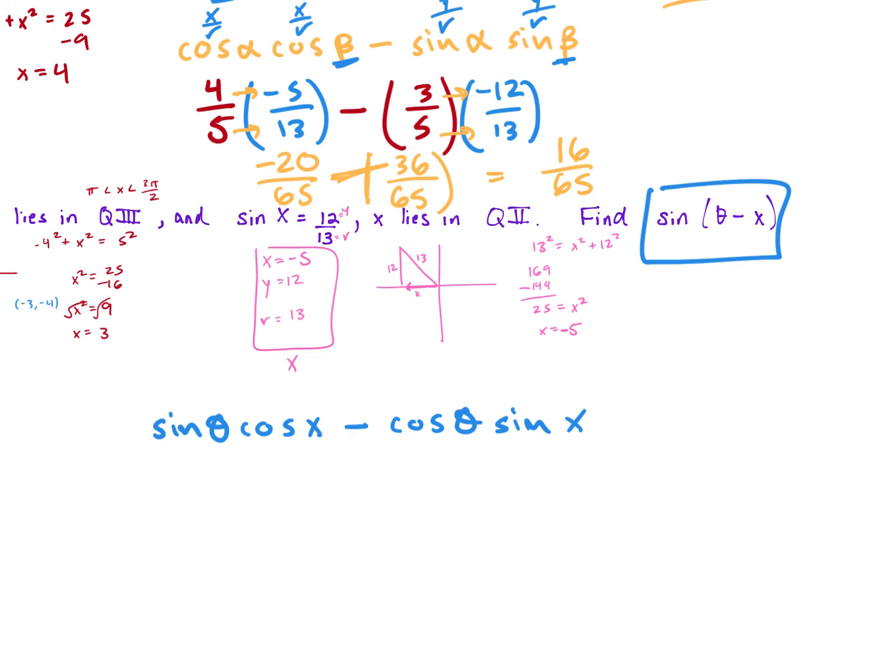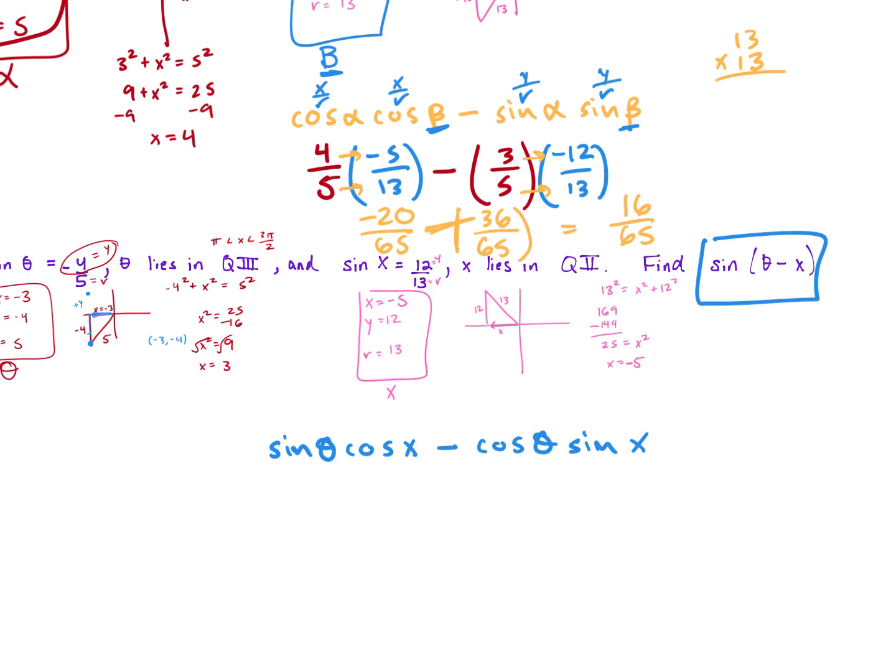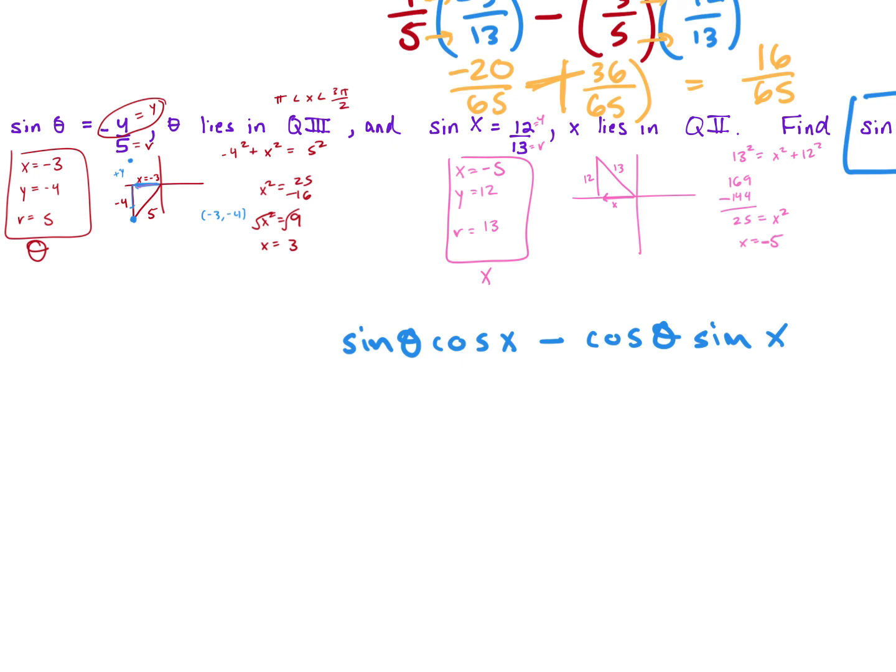Right? Hopefully. All right, so now we plug in. Sine, we know, is y over r. Cosine is x over r.